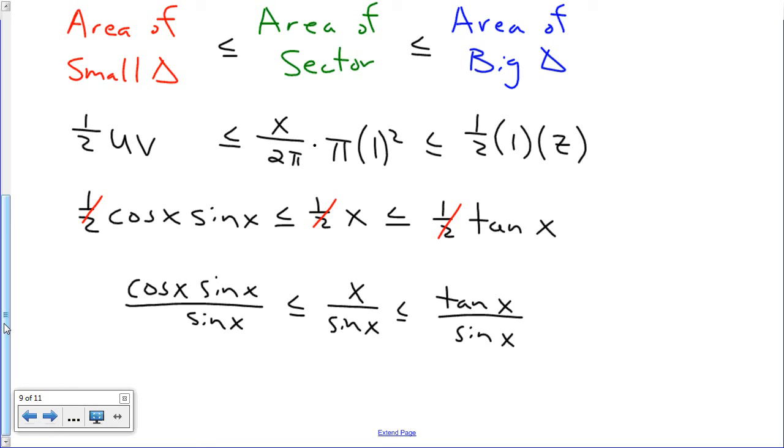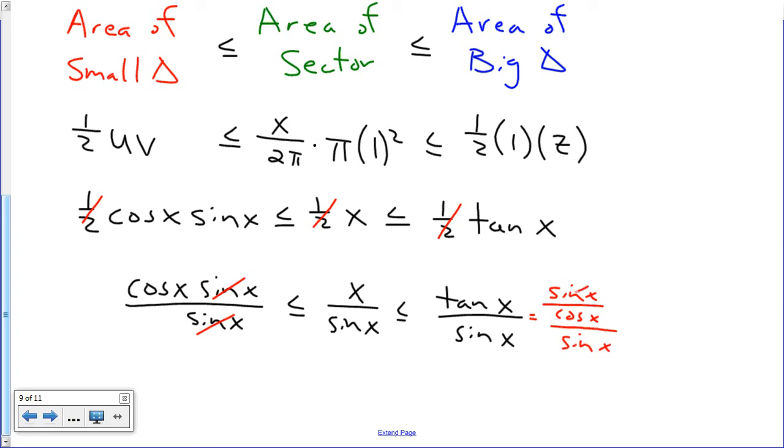Again, a couple things that you'll notice. First of all, the sines will cancel out over here. And if you will, tangent is equal to sine of x over cosine of x, and that's all divided by this sine of x.